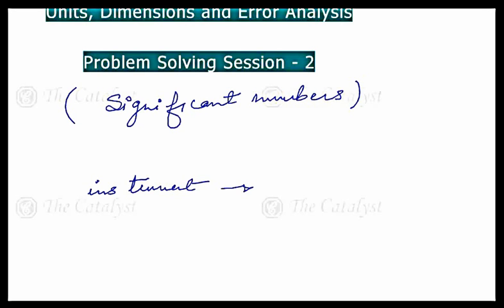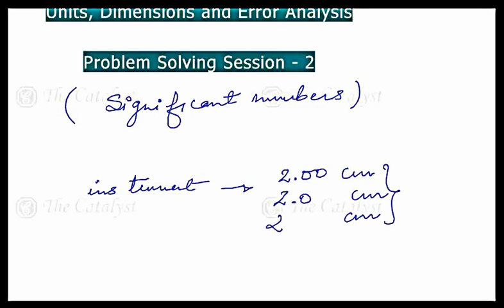And that instrument gives you some value. Let us say that value is measured to be 2.00 centimeters. Now whether you write 2.00 centimeters or 2.0 centimeters or 2 centimeters, it appears as if all the three are same, but not.